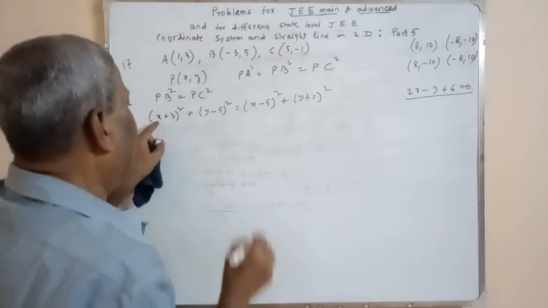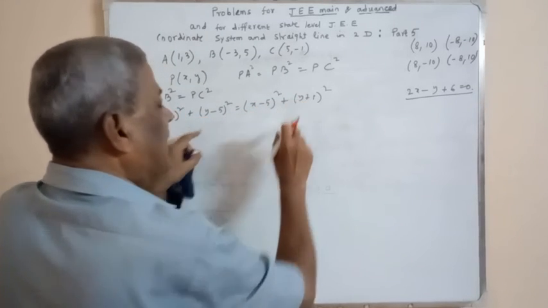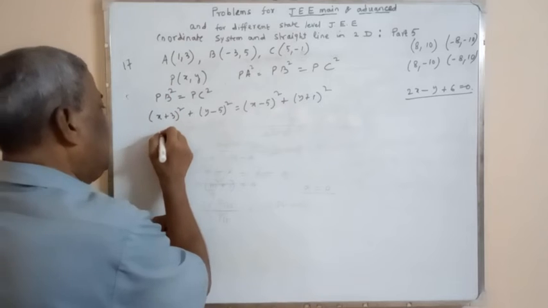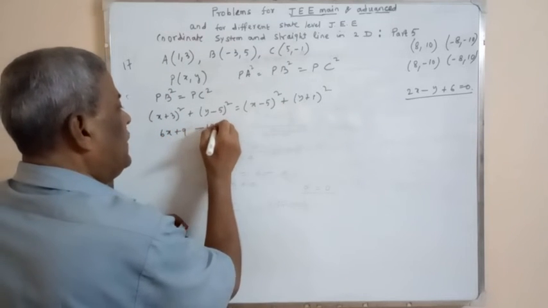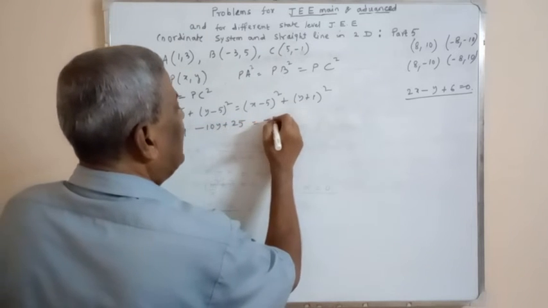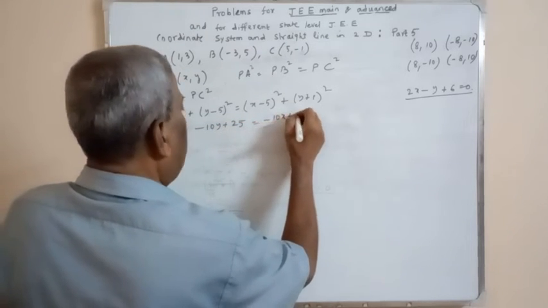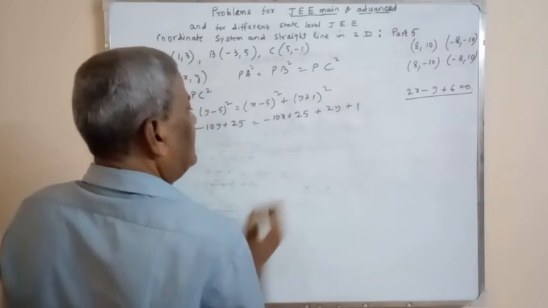As before, x square must cancel from both sides, y square cancel from both sides. 6x plus 9 minus 10y plus 25 is equal to minus 10x plus 25 plus 2y plus 1.